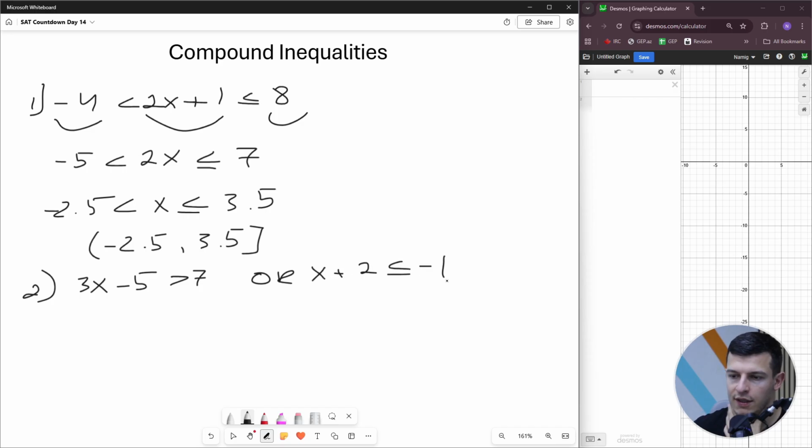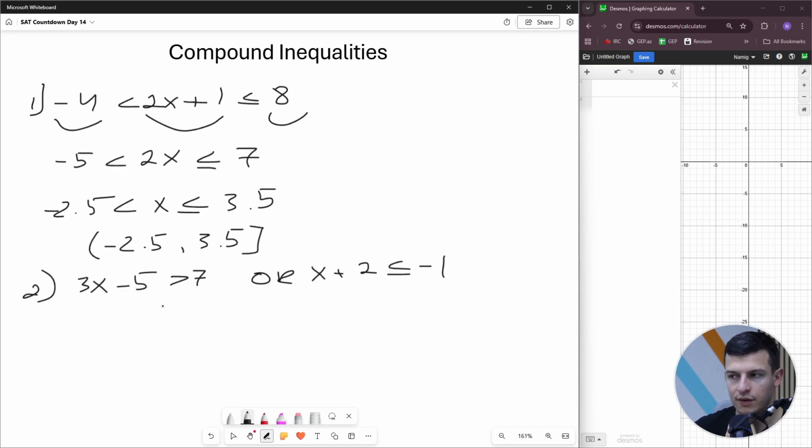So we have two inequalities here, right? And we have this 'or' in between. Now, whenever we're dealing with compound inequalities, we have cases where we can use 'and' or 'or'. 'And' means both conditions must be true, and 'or' means either condition is true. So 'and' is an overlap, 'or' is a union. Okay, so we're going to solve this one because there's 'or' in between.